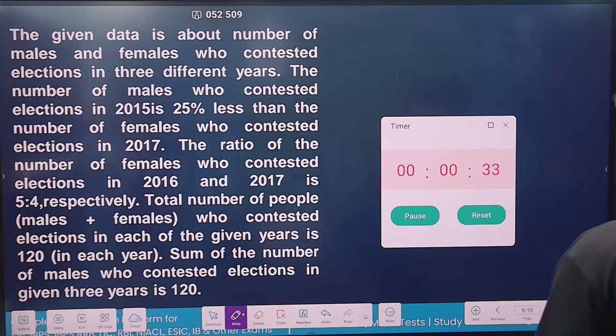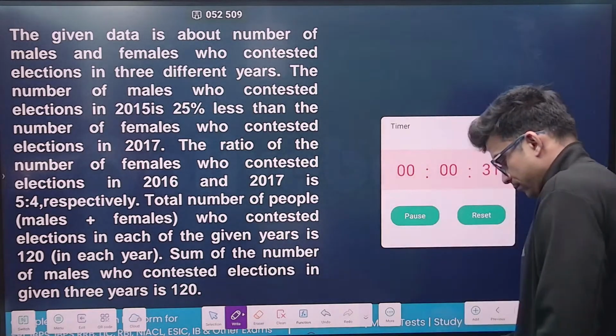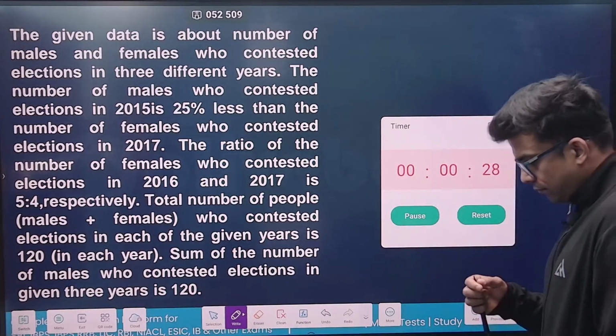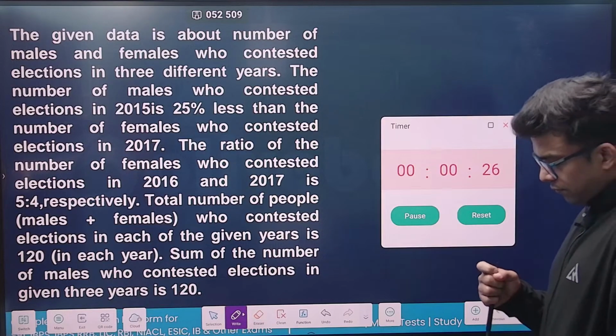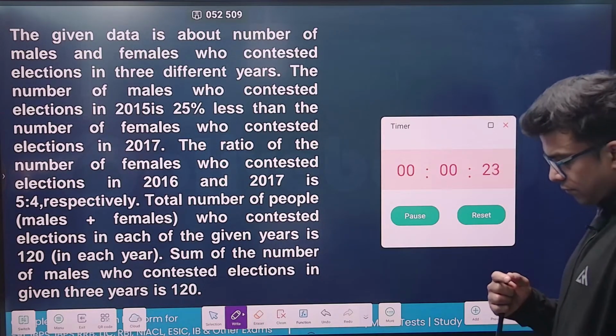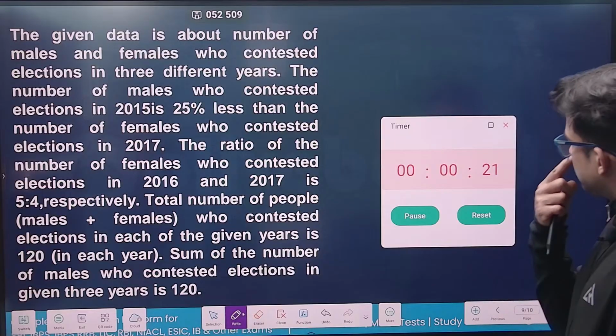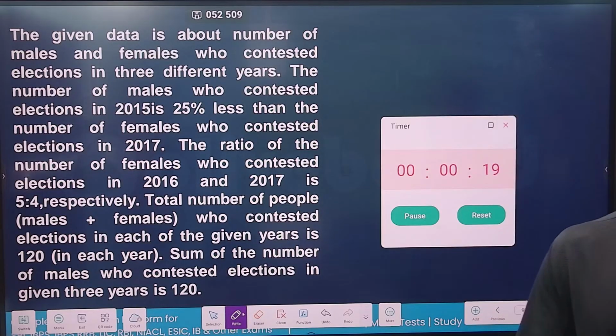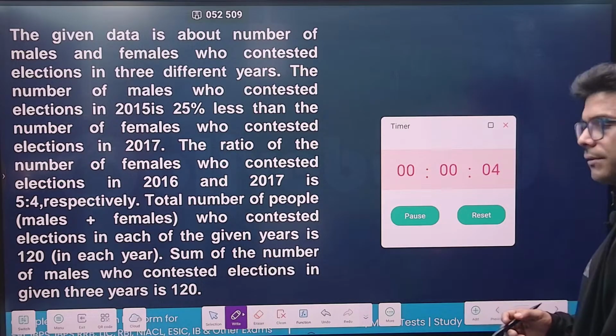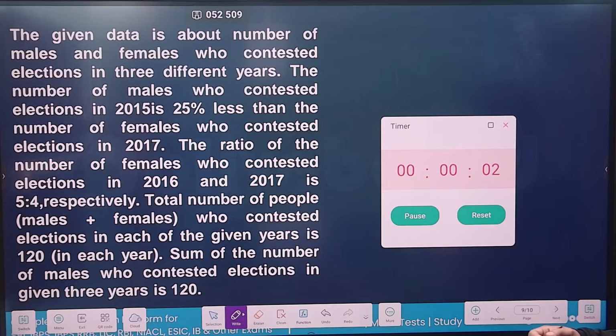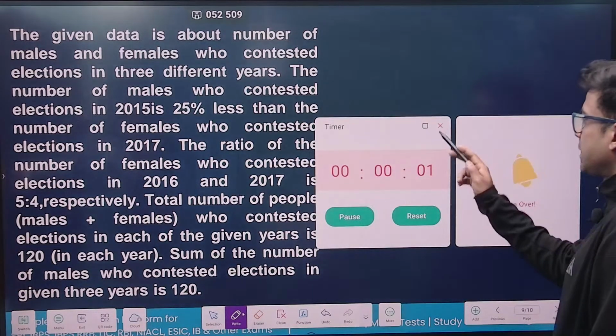Thirty seconds more. Ten seconds more. Five seconds more. Time up. Let me read it now.